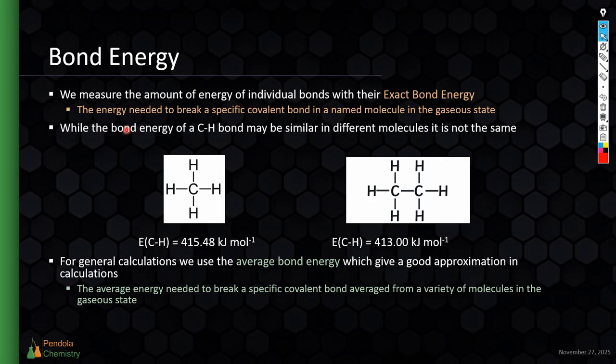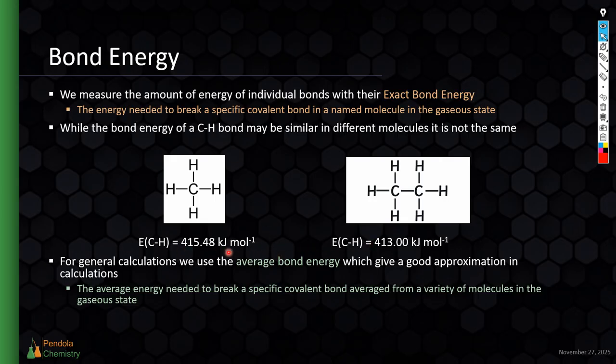Why? Because when we talk about the bond energy of the CH bond, it is going to depend on the environment of the bond. Meaning the CH bond in methane, in CH4, does not have the same exact bond energy as the CH bond in ethane, in C2H6. You can see here the exact bond energy for the CH bond in methane is slightly different than the one for ethane.